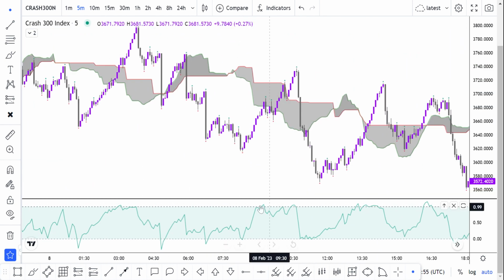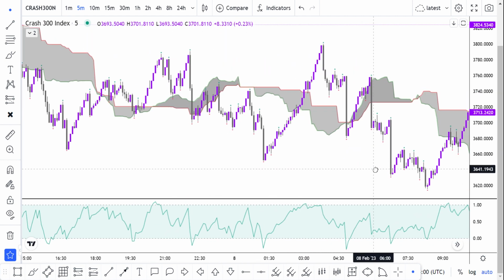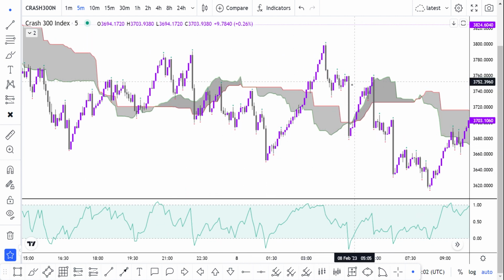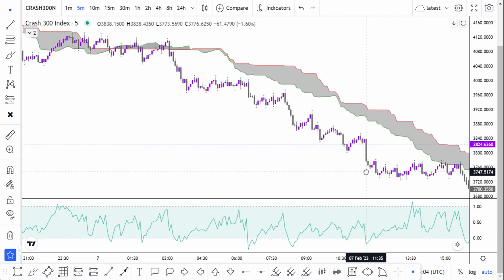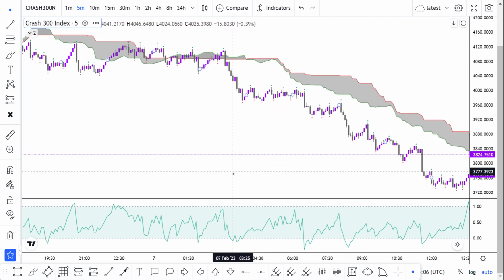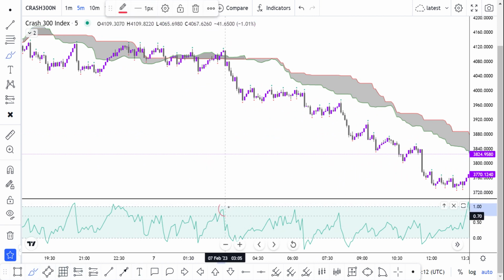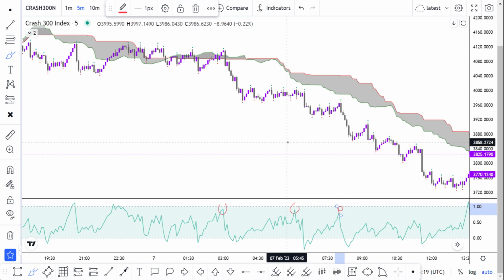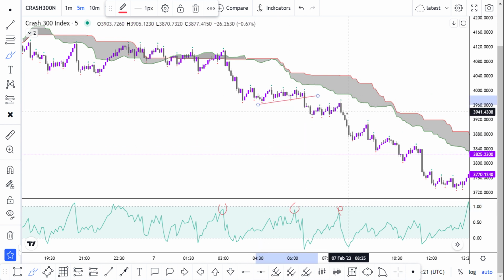Now look at this point, but the breakout occurred outside the cloud, it would only take experience to take such kind of trades. But let's look for the type of trades we usually look out for. So if any of these, one, two, three, touched this point, we would have had nice breakout trades.